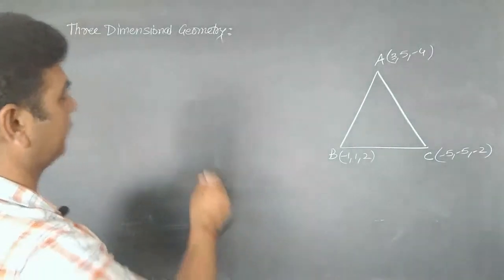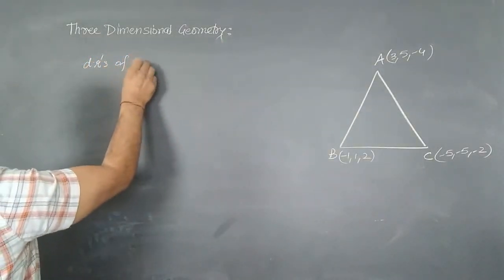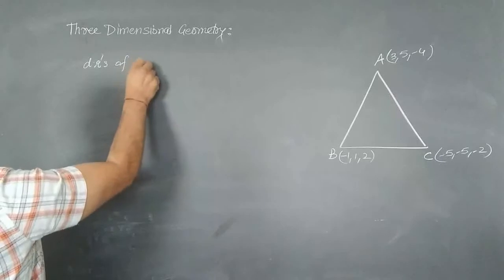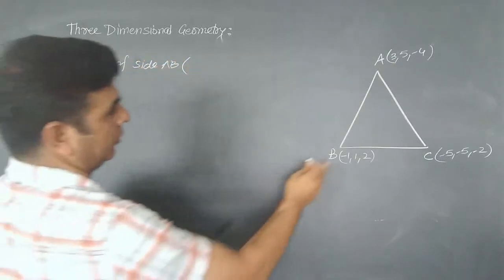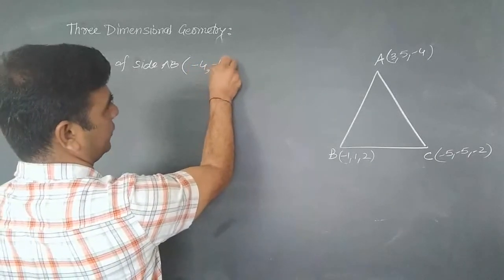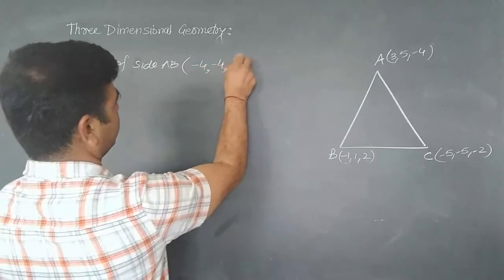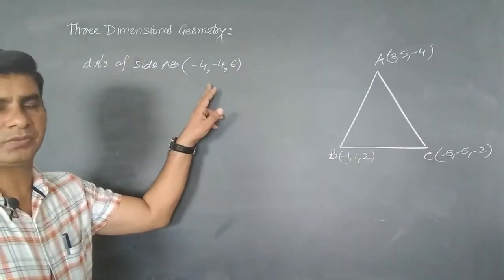First, let me find the direction ratios of the side, or vector, AB. This is given by -1 minus 3 is -4, 1 minus 5 is -4, 2 minus (-4) is 6. So the direction ratios of line AB are -4, -4, 6.